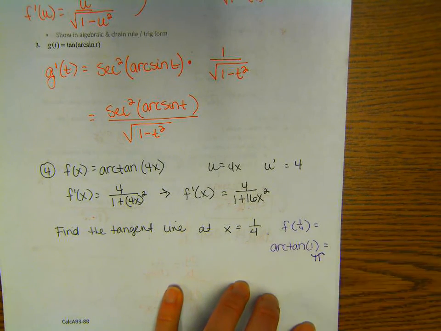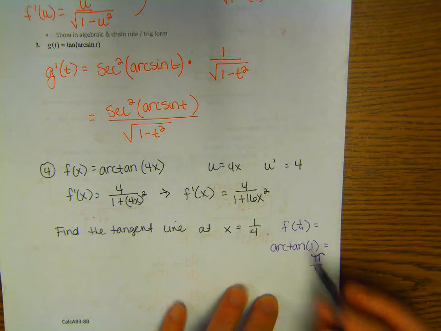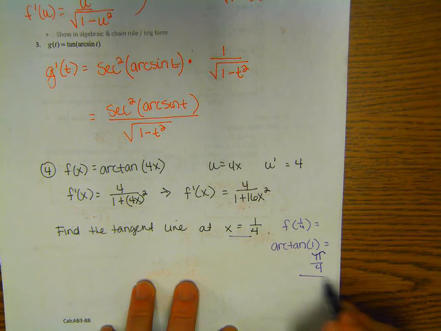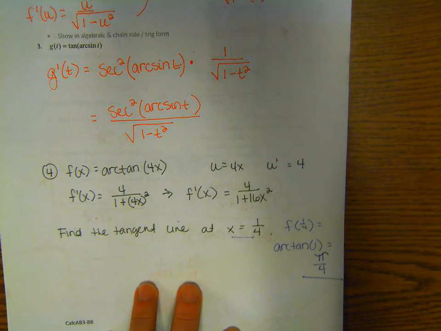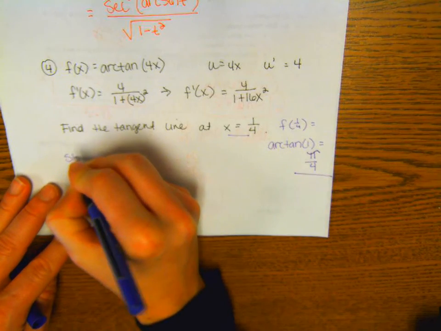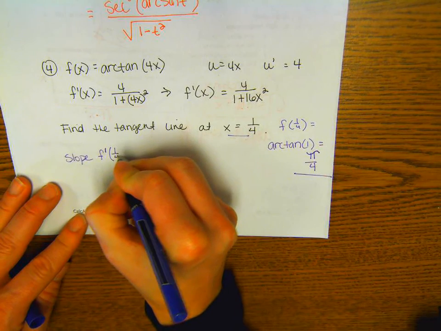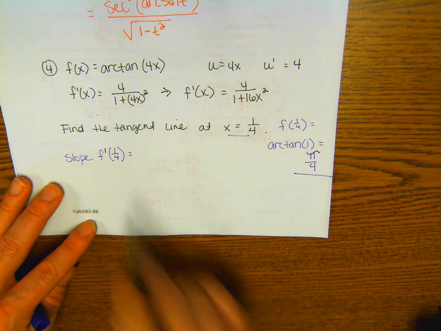Pi/4, good. So this is my x value, this is my y value. And then I need the slope. And to find the slope, I'm going to take the derivative at 1/4. And so I'm going to just plug that into this function right here.